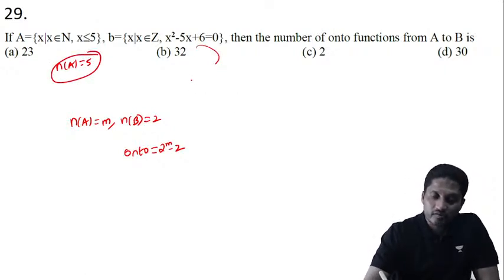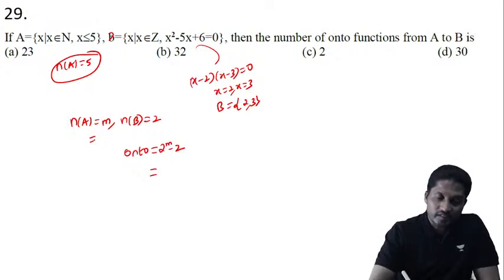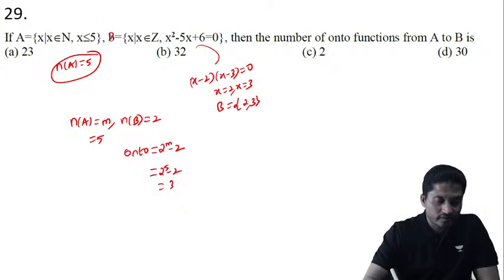And here this is having two roots, x minus 2 into x minus 3, x is equal to 2 and x is equal to 3. It is having two elements. Set B is equal to 2 comma 3. So set A contains 5 elements, set B contains 2 elements, is 2 power 5 minus 2, which is equal to 30. Right, answer is option D.